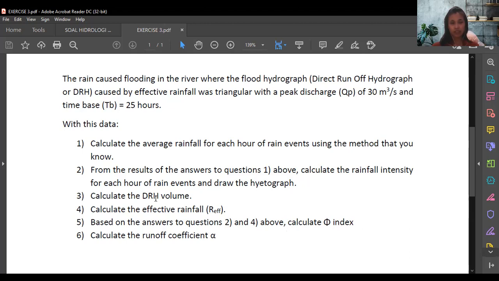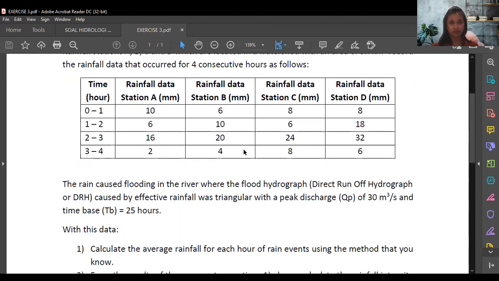But for the DRH volume, you will need to draw the hydrograph, which we talked about before, on our previous meetings regarding the triangular hydrograph and then the trapezoidal hydrograph.